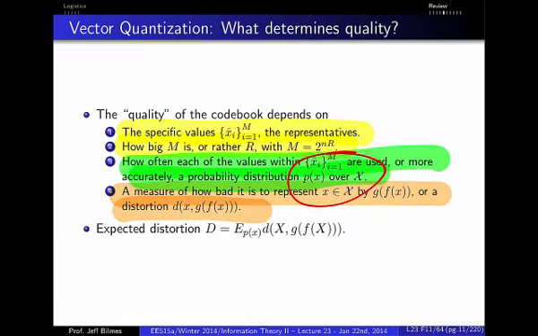Even if a region is big, you might have a representative for which the distortion function says that's perfectly fine. The distortion might say, as long as you're in the region, I'm happy. So the distortion can give you a little bit of relaxation and slack. And then we have the expected distortion, which is how we're measuring everything.